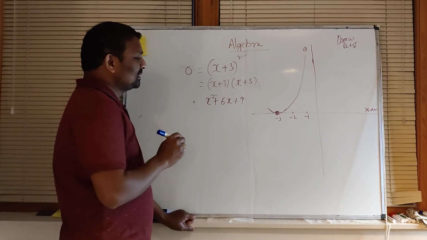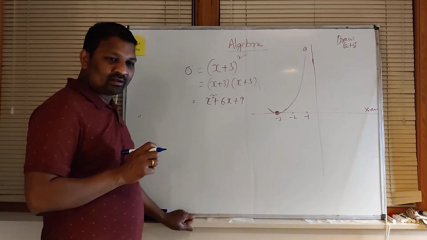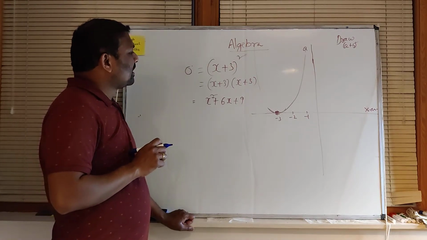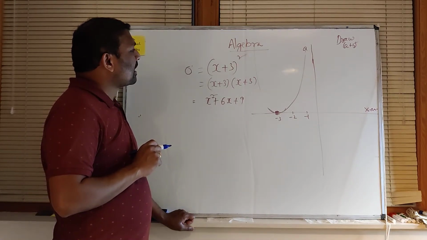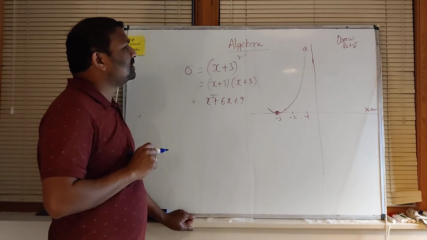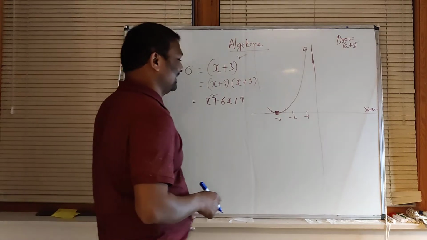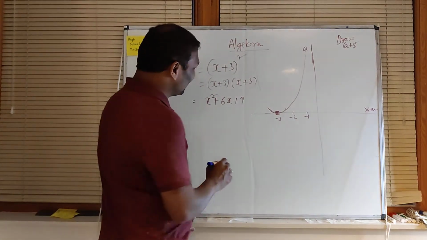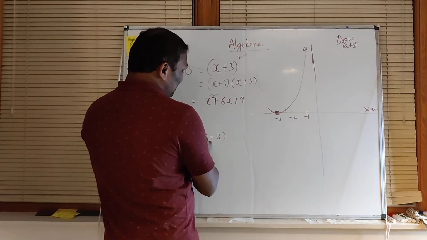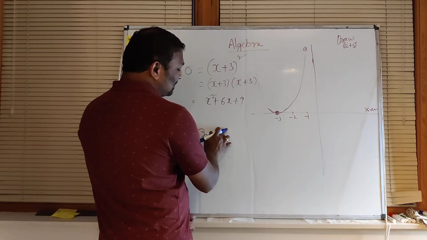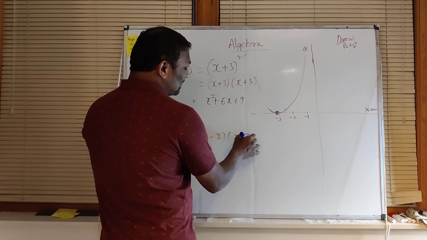Then in such a case, what if it is x minus 3 whole square? It touches +3 and goes up. Sorry, I lost my mind. If it is x minus 3 whole square, what are the roots? Factors are x minus 3.